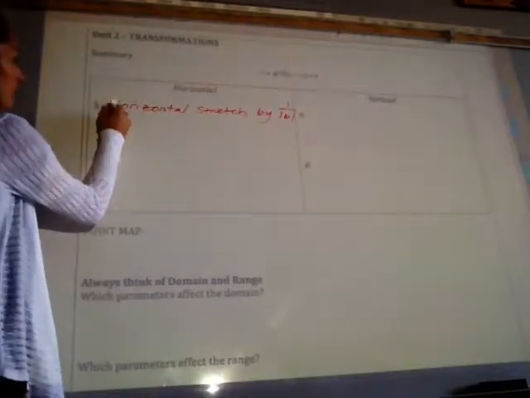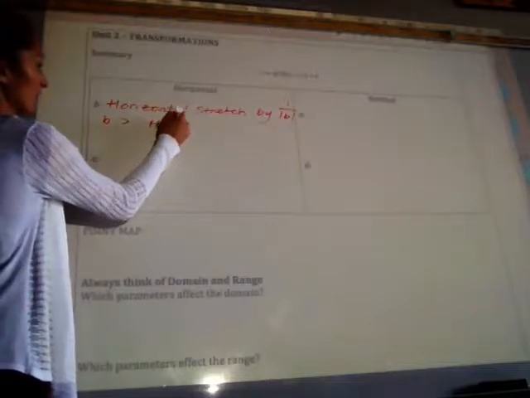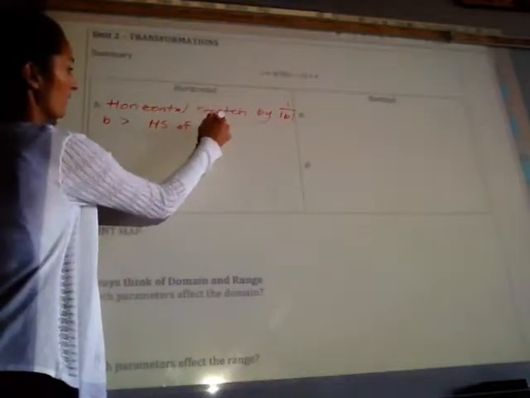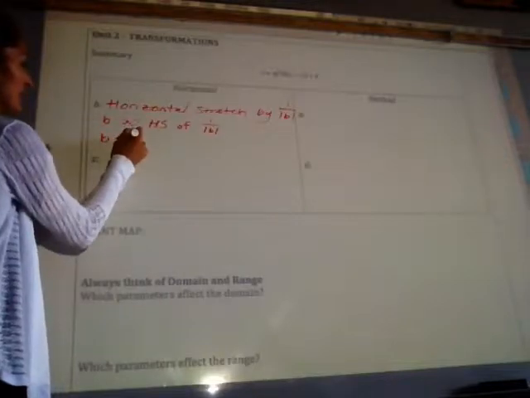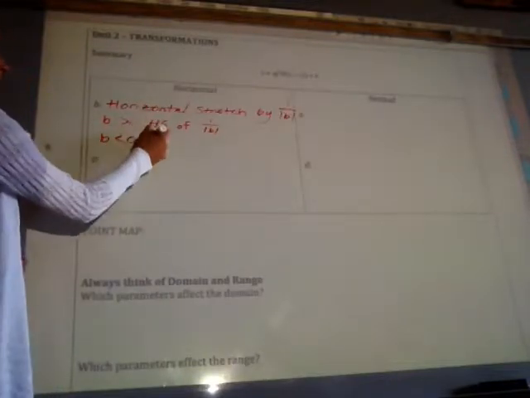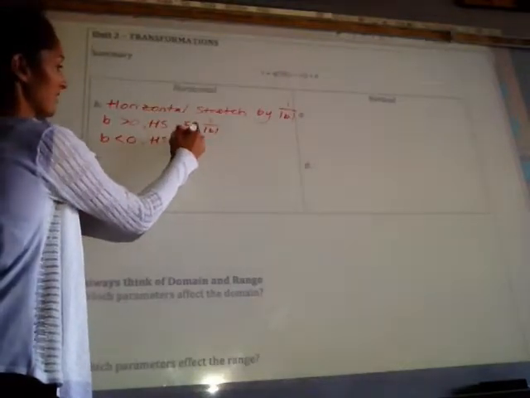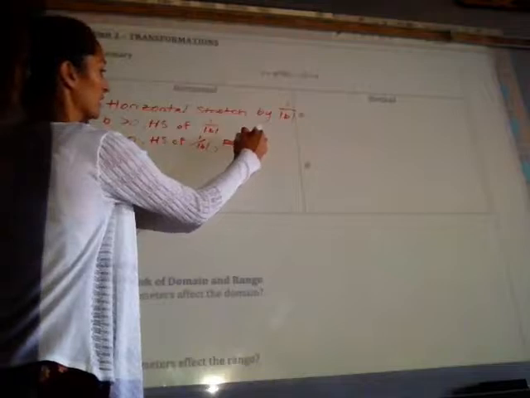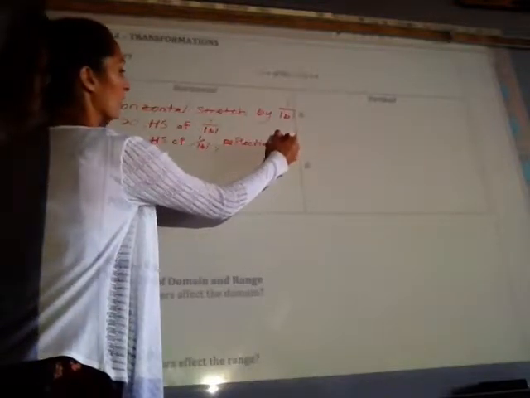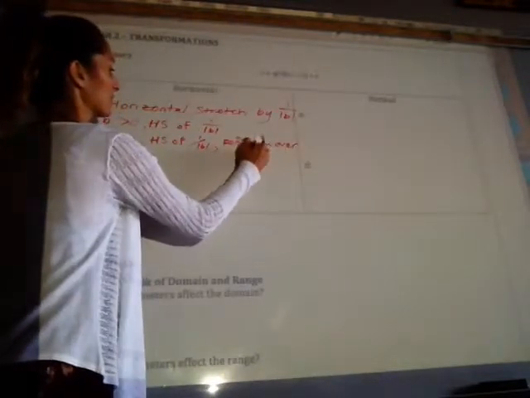So it's by factor 1 over the absolute value of B. Now if B is positive, we have a horizontal stretch of 1 over absolute value of B. But what about if B is negative? Exactly, we have a horizontal stretch of 1 over B, but we also have a reflection over the y-axis.